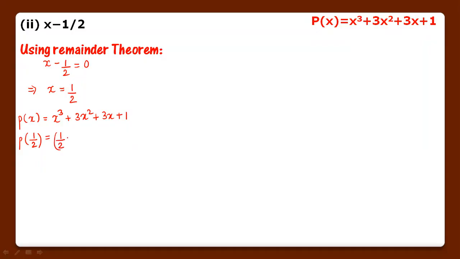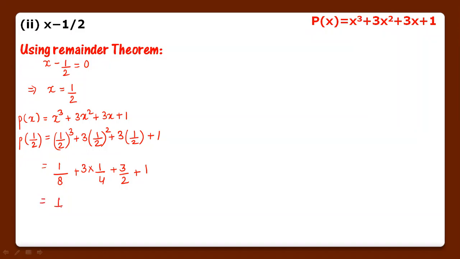1 upon 2 का cube plus 3 into 1 upon 2 square plus 3 into 1 upon 2 plus 1. 1 cube is 1, 2 cube is 8, plus 3 into 1 upon 4. 1 upon 2 का whole square is 1 upon 4, plus 3 upon 2 plus 1.